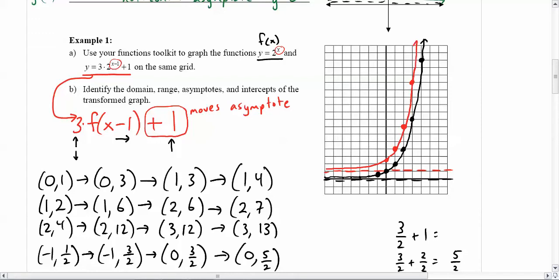This graph really doesn't look like it got 3 times steeper. It looks like it has the same slope. But that's because we moved it over.